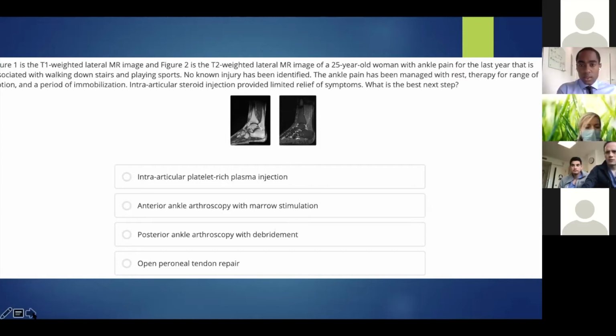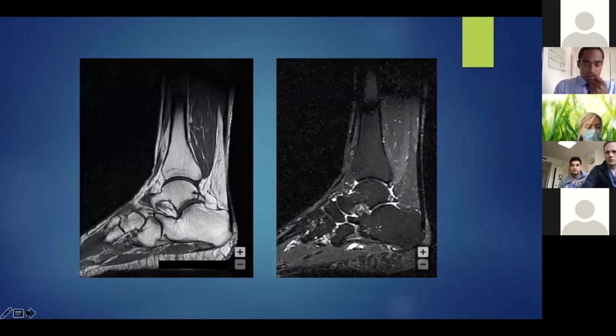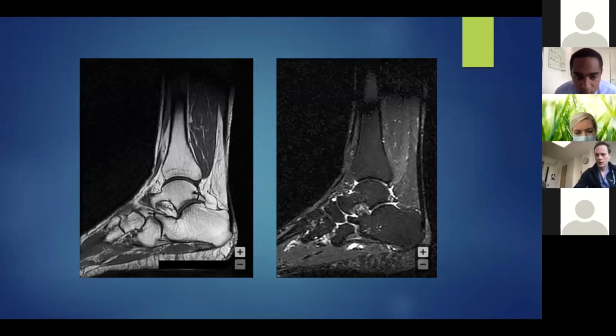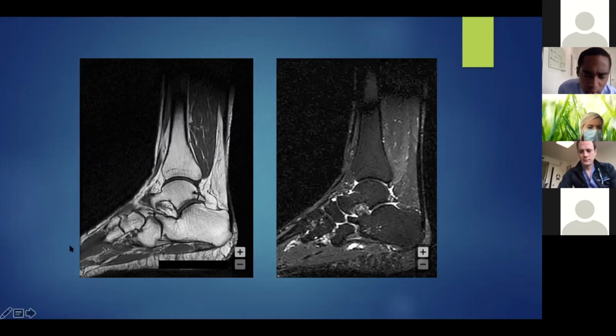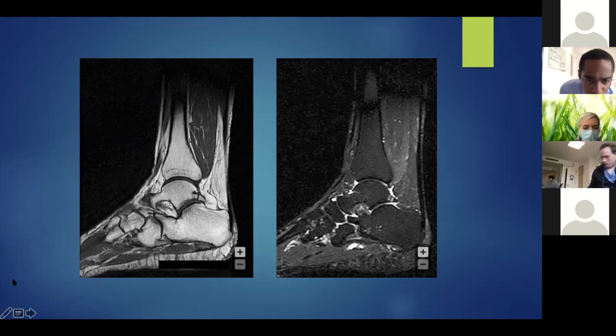So if we get a zoomed in image here, what do you see there? Looking at a sagittal image of the ankle, we have T1 on the left, T2 on the right. The subtalar joint, at least in the T2 weighted image, there appears to be some sub-signal there.